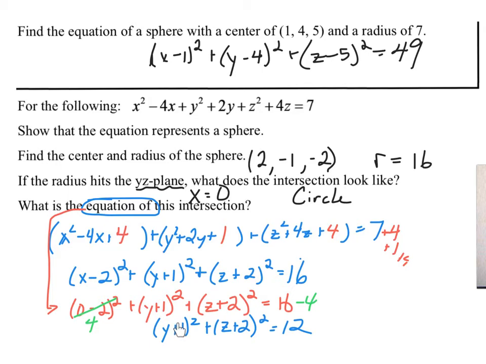And it should also make sense that the center of the circle would simply be the projection on the YZ plane. If I take the center of my sphere and slide it back to the YZ plane, it'll be the center of the circle. That's the intersection point. So these points are important, and of course the radius must be smaller than the radius of the whole sphere.